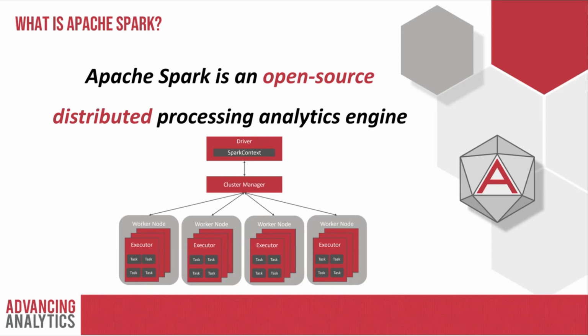The other thing is that it's distributed, which basically means that it's calculating stuff in parallel and processing your data in parallel. So if you look at that diagram, you will have different amounts of worker nodes based on how big your Databricks cluster is, or your Spark cluster if you're not using Databricks.